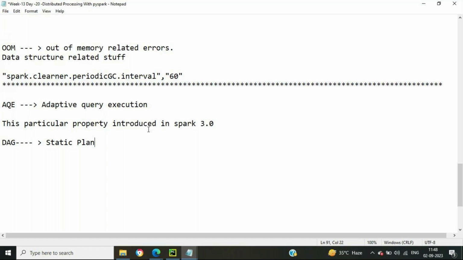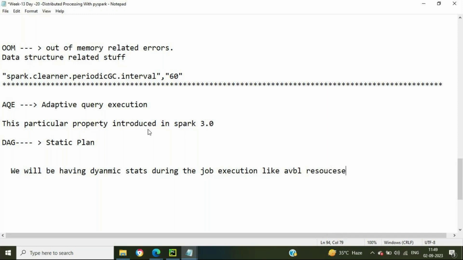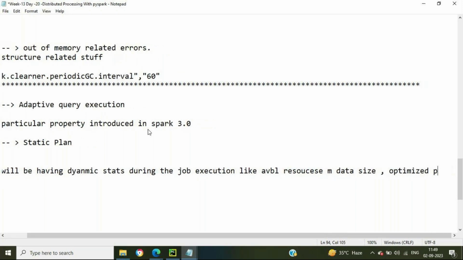What AQE is doing is that it is going to have dynamic stats during the job execution, like available resources and data size, and an optimized plan.